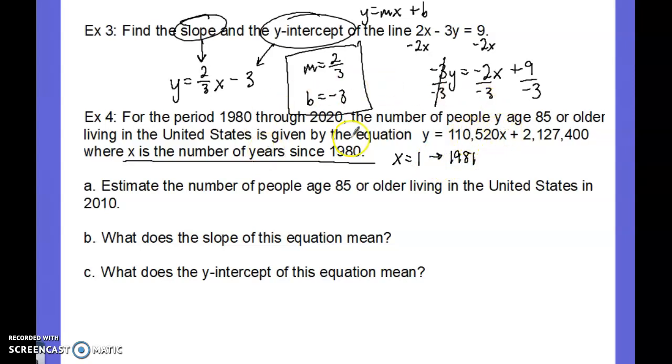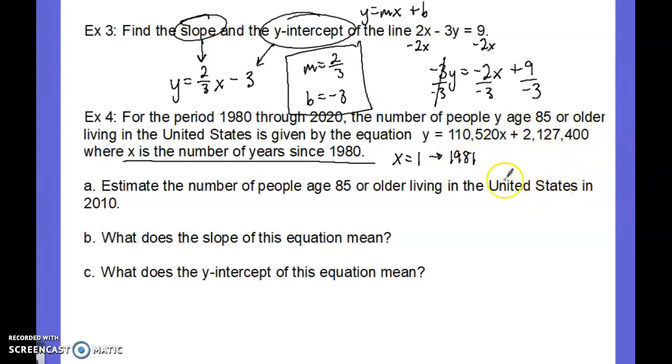So this population in the United States of people that are 85 or older, basically it's saying in 1980, year zero, there were 2,127,400 adults that were that old. And then 1 year later, well, 110,520 times 1 plus that will give you that number.